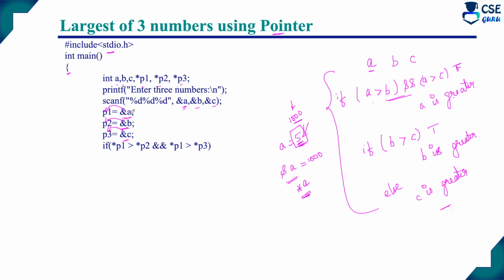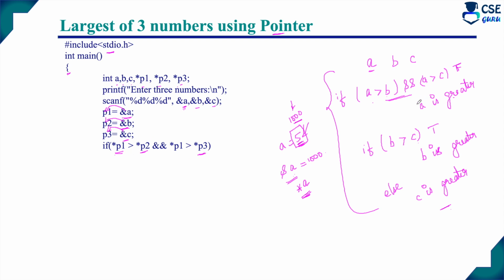See here, instead of comparing the variables A, B, C, we are going to compare with the pointer variables, because the address of A is stored in P1, and if you use the indirection operator with P1, the value will be referred. If star P1 is greater than star P2 and star P1 is greater than star P3.